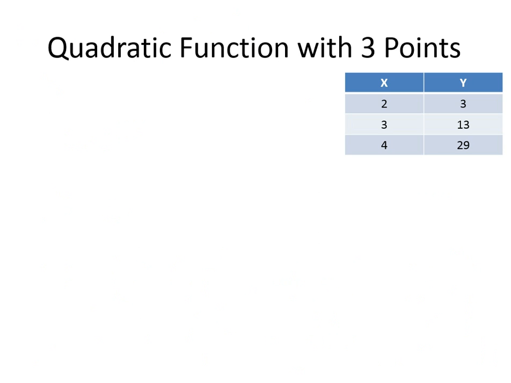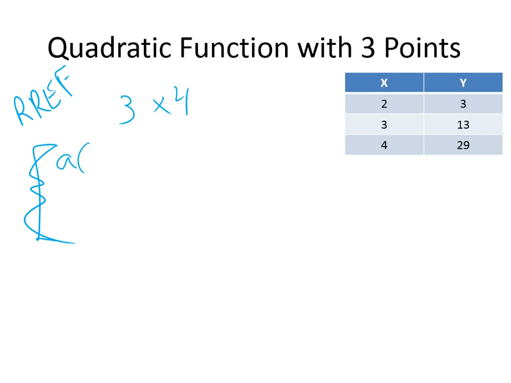All right, finding a function with 3 points. So this is where you'll use your RREF, your reduced row echelon form, on your calculator. So you'll make a 3 by 4 matrix, and you'll have these 3 equations. You'll have a times 2 squared, or the x value squared, plus b times 2 plus c equals 3.